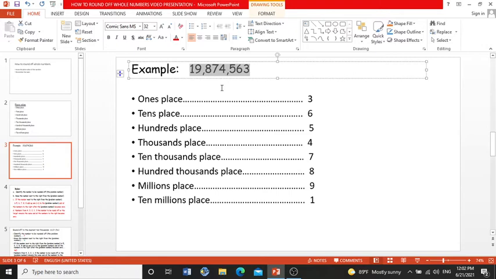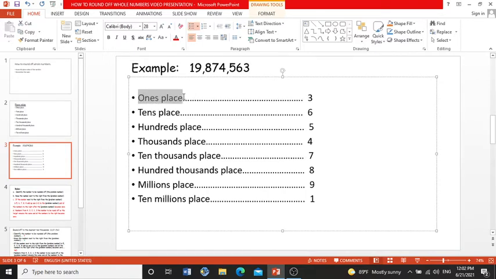This is just an example. The number 3 here is in the place value called ones place.